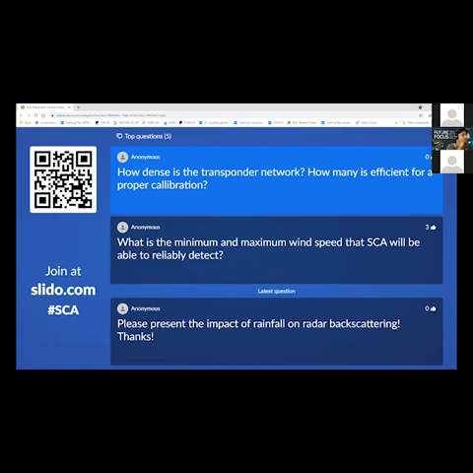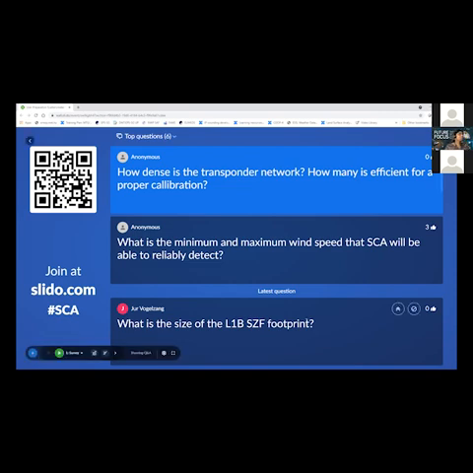You just need to be able to sample the gain pattern at an appropriate density, but we are doing this by repeat measurements. So you don't need a very dense network of transponders, and also those things are quite complicated because you have to make sure the signal is very well calibrated. So we have 3 of them. That's enough.